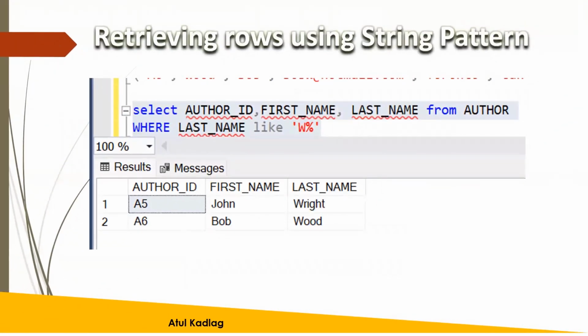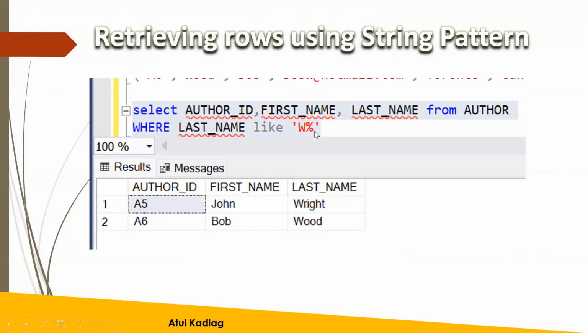The next thing is we can use some string patterns as well. Suppose we are not sure about the complete last name, and we just want to retrieve the records starting with W as the last name in this particular column. Then we can do that with the help of this pattern, W followed by a percentage sign.